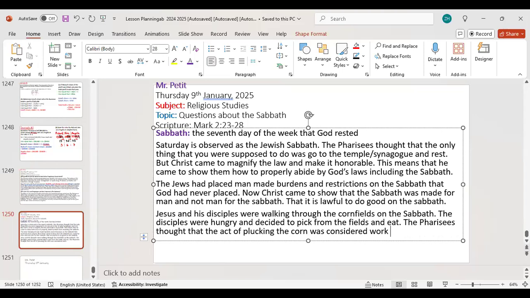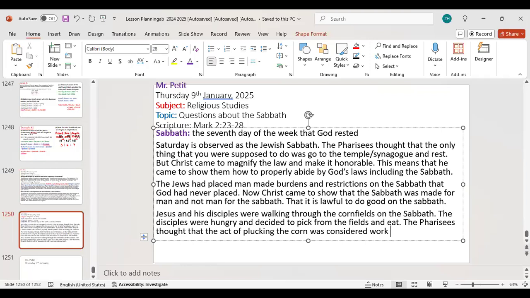So when you pluck the corn and you have to rub it between your hands, right? I don't know if y'all ever eat corn from the field, and you have to take it and remove the husk from it. They're like, ha ha, we caught you, you're working. And this is like, what? Why can't I be serious? This is not work, right?